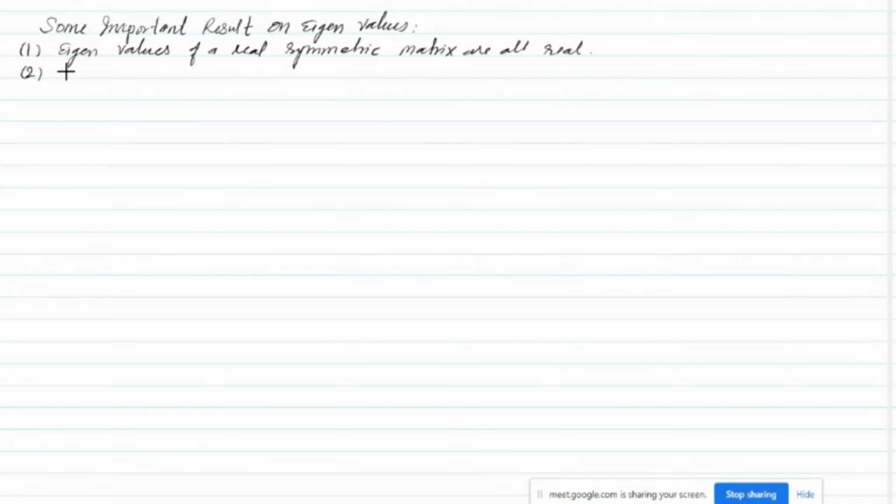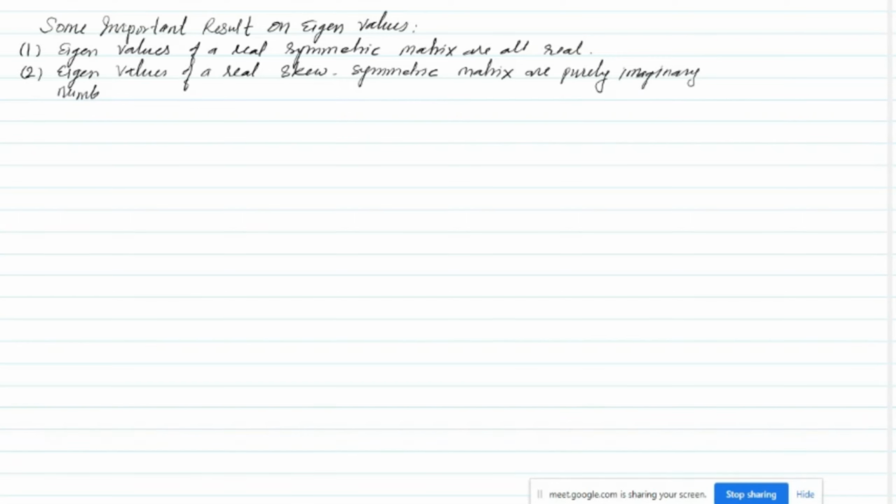Number two: eigenvalues of a real skew symmetric matrix are purely imaginary numbers or zero.